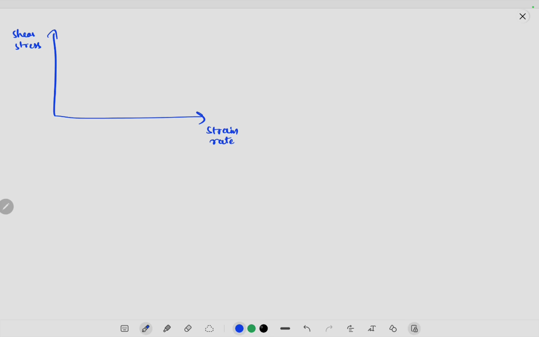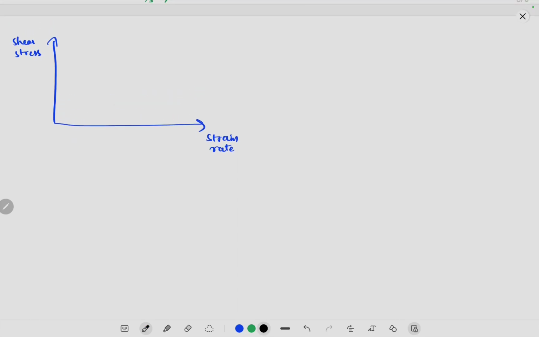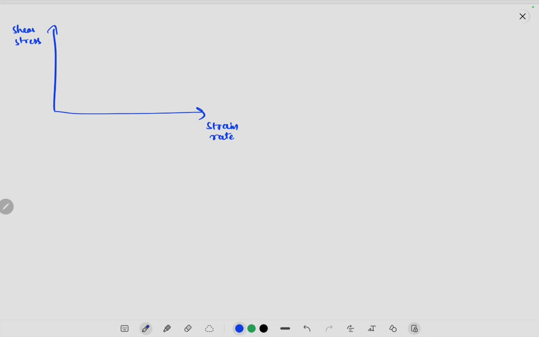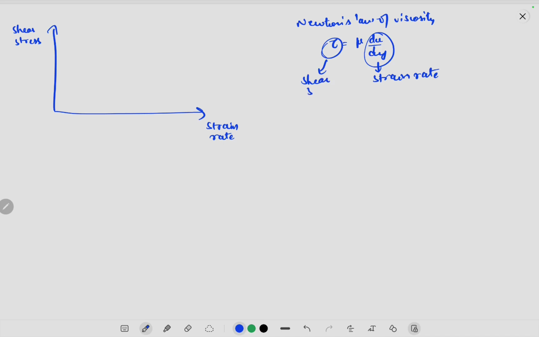I would expect that for a Newtonian fluid, since the expression for Newton's law of viscosity is tau equals mu du by dy, where du by dy is your strain rate and tau is your shear stress, shear stress by strain rate would be this absolute viscosity.